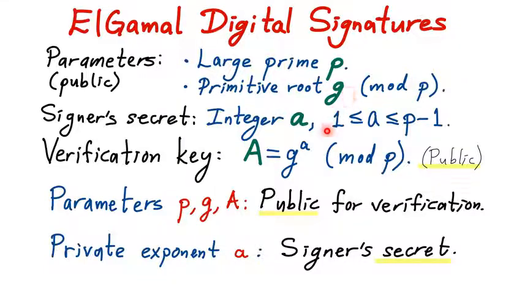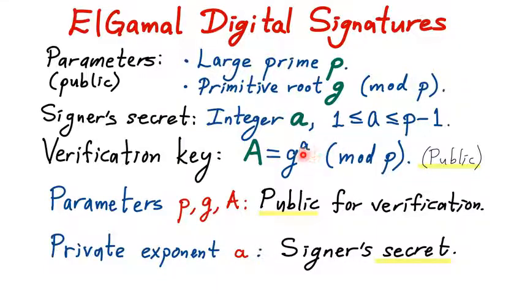Now we get to the secrets. The signer's, Samantha's, secret is an integer a that you can take as a random integer between 1 and P minus 1. You can think about it as something that is going to be used as an exponent, and exponents in the group of units modulo P are defined modulo P minus 1.